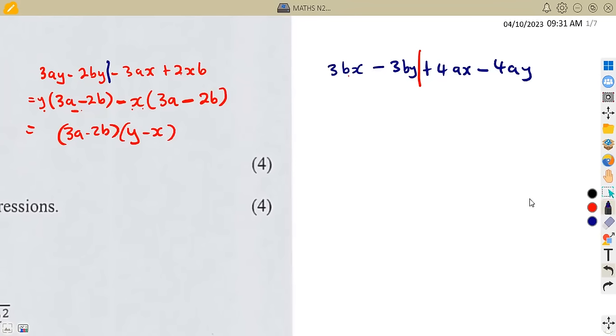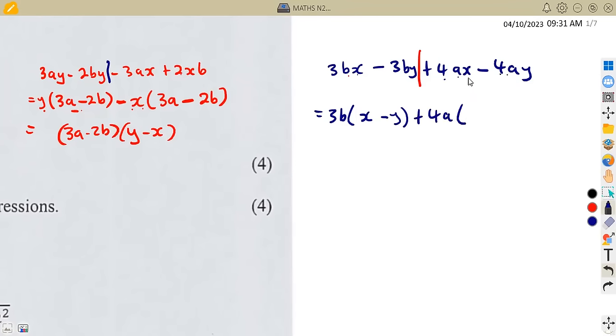If we factor out 3b, this is going to be positive x. If we divide by 3b here, they cancel. We remain with a negative y in this case. So our issue is to make sure that we have got positive x minus y from the other bracket. So we are going to factor out 4a, which is common.